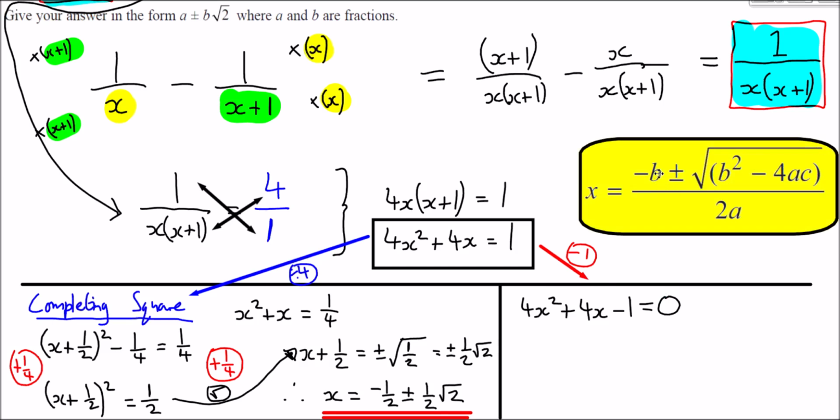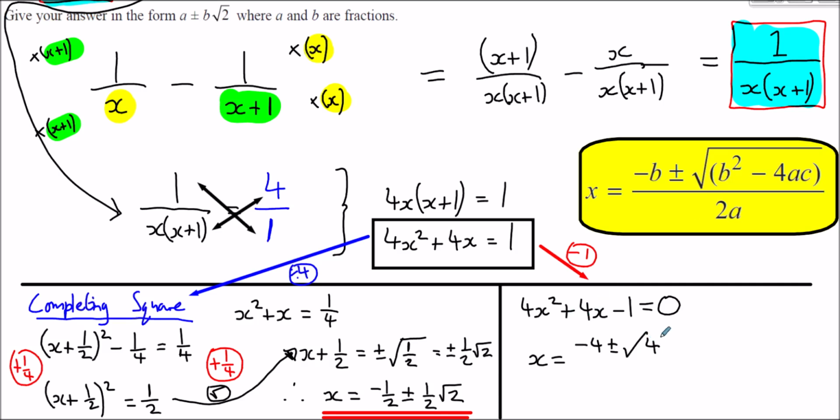So it's for x is minus b plus or minus the square root of b squared minus 4 times a times c, all over 2a. And so using the quadratic formula, we'd say that x equals minus b. B here is 4, so minus 4 plus or minus the square root of b squared.